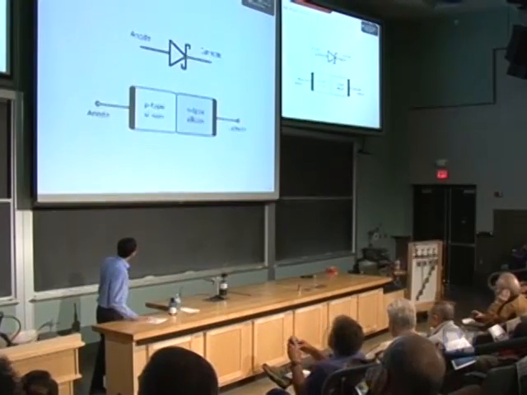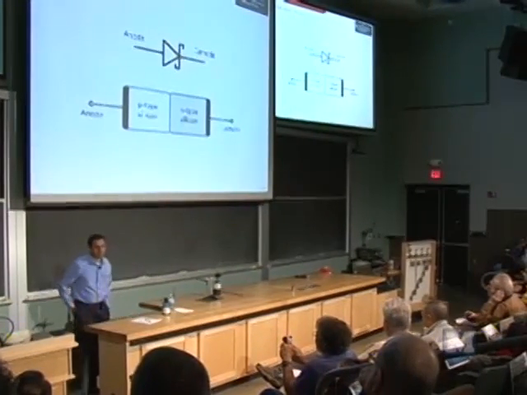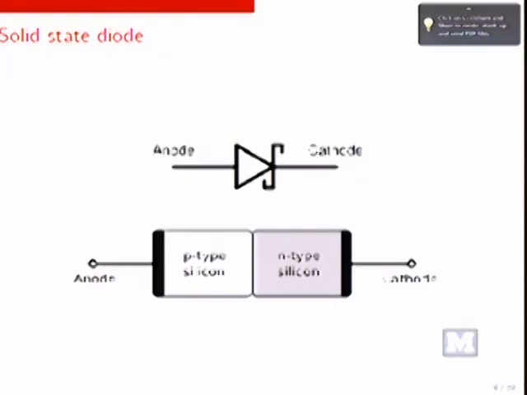The key to the computer is one of the marvels of modern physics, which is semiconductor diodes and semiconductor transistors. What is a semiconductor? A semiconductor can conduct electricity, but in a manner somewhat different from the way in which a conductor conducts electricity.